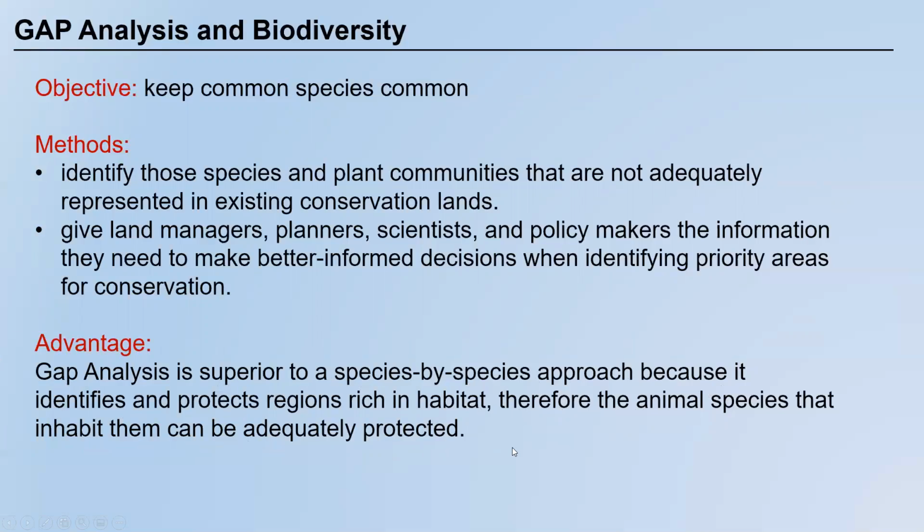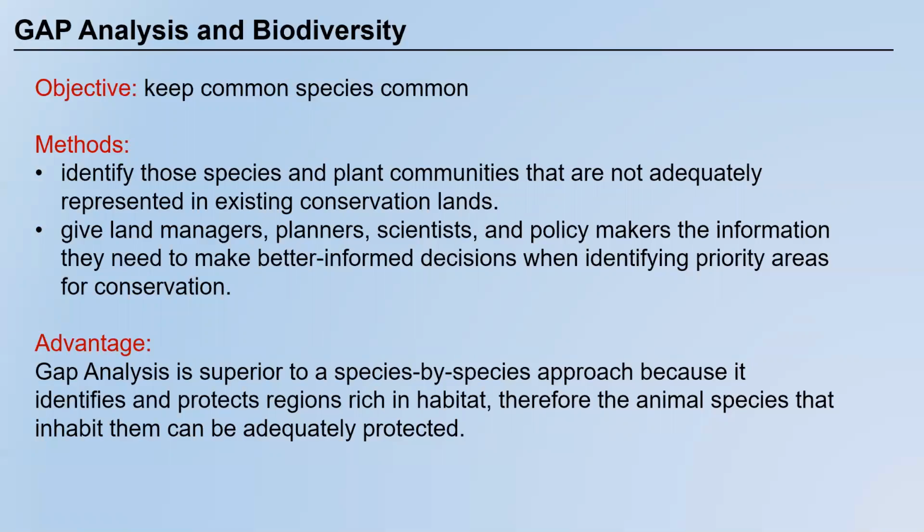So here you can see that the focus of gap analysis and biodiversity is actually animals instead of vegetation. But since vegetation plays a very important, crucial role in animals' life, we need to preserve the vegetation, preserve specific regions to make sure that the biodiversity can sustain. The special part about gap analysis is that it does not focus on a specific species or some species.